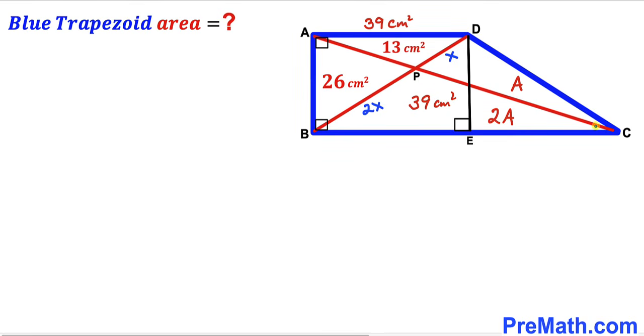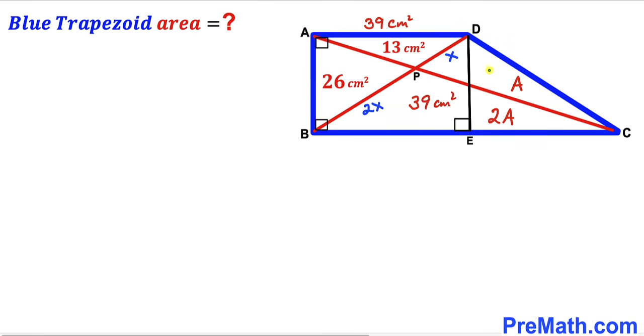And now we are going to focus on this big triangle BCD. It consists of these two individual triangles, this triangle CDE and this other right triangle BDE, and both of these triangles have this height DE.